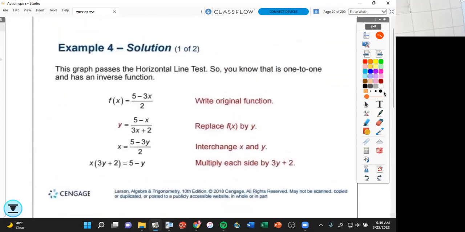I'm trying to follow their logic here. Where did he get 3, 1, 2?